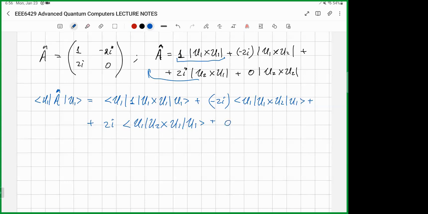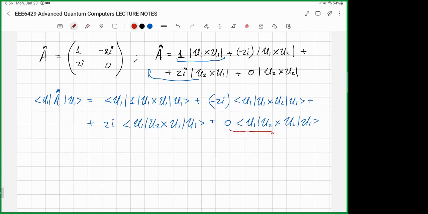And finally 0, u1, then u2, then u2, and then u1. That's it. So now I check what terms are not equal to 0.